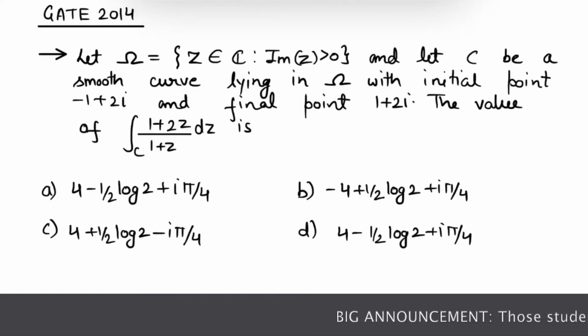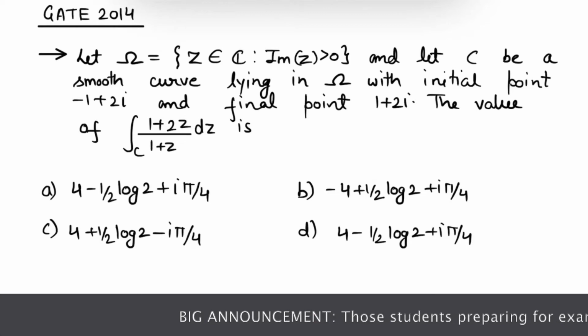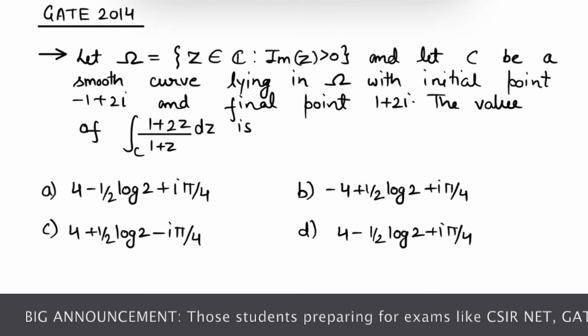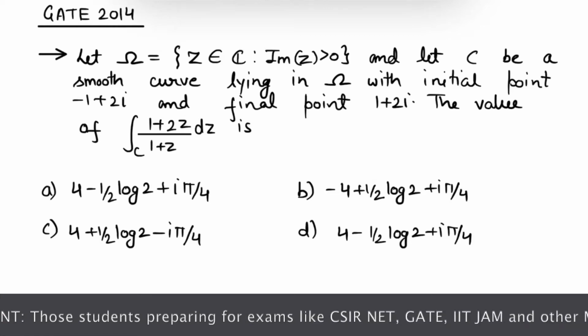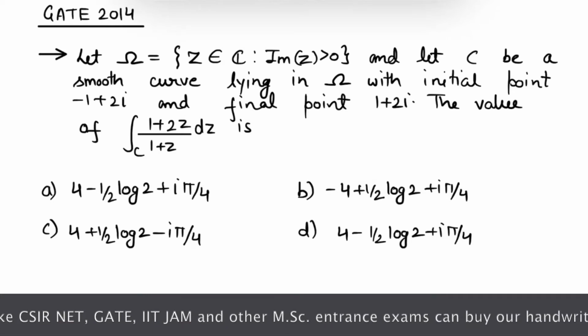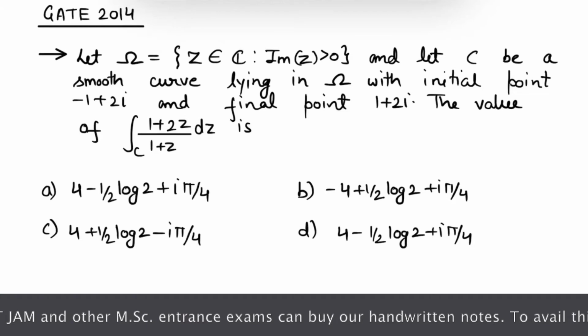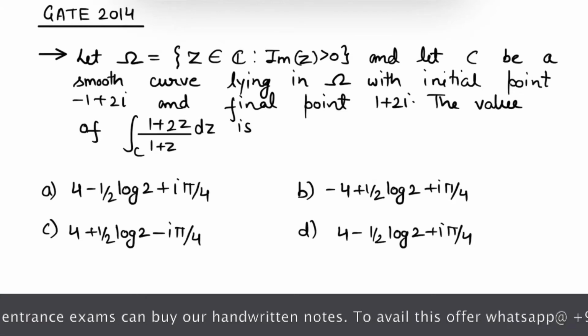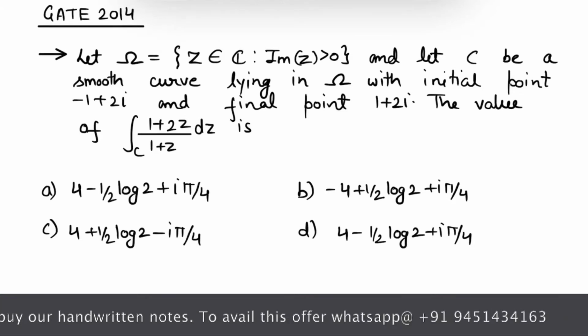Today we will solve some important questions of complex integration which have appeared in the GATE exam and CSIR NET exam. So let's start. In this question we are given a region omega such that the imaginary part of complex number z is greater than 0.